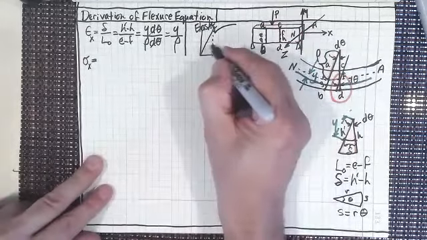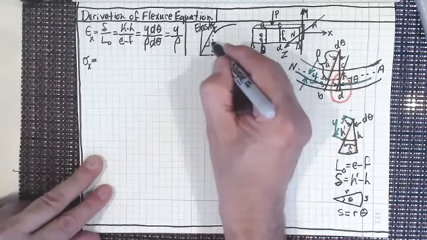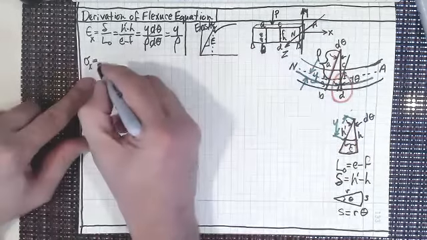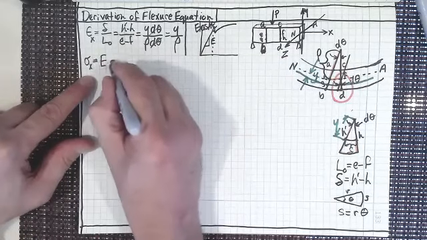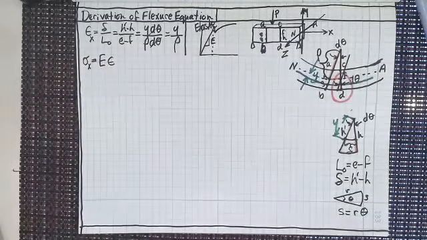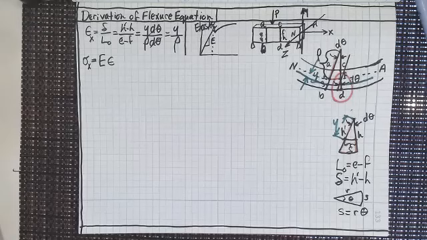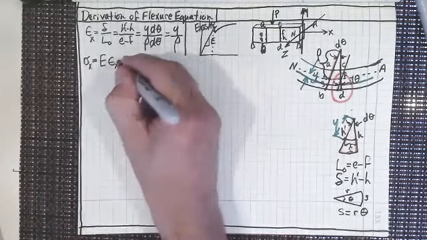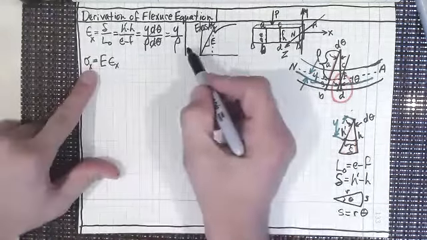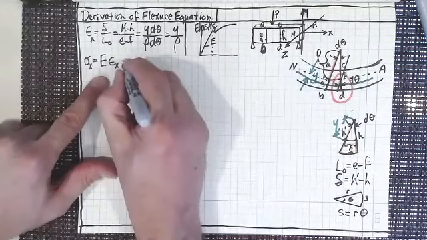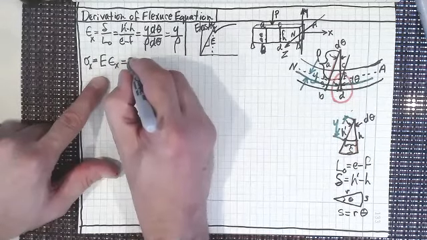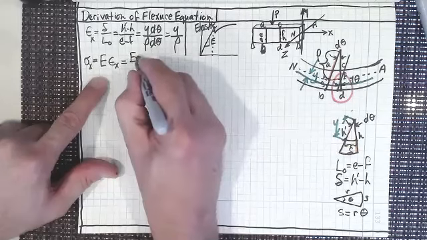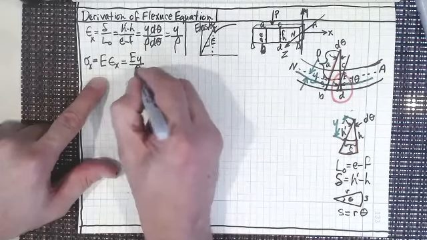So we know that Hooke's law, the slope here is going to be E. So this equals E times epsilon, right? All right. And we got epsilon sub x. And we already have an equation for epsilon sub x, so we know that this is just going to be E times y divided by rho.